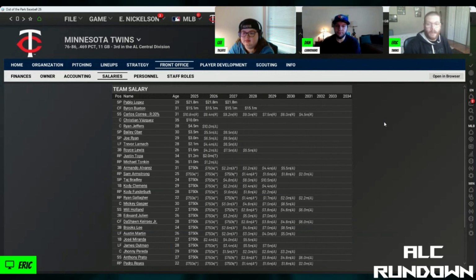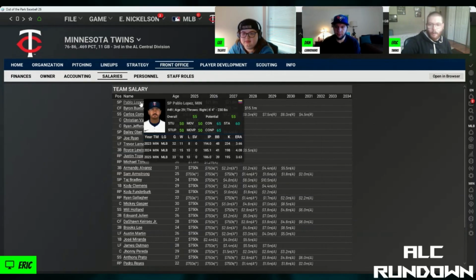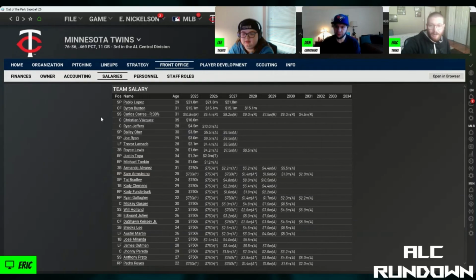Pablo Lopez. If you want to say there's an outlier contract on this team, it's Pablo. He's probably their best pitcher all around. You can take his overall OOTP rating: he's a 55 graded pitcher on the game, out of 80. So a pretty good all-star caliber starter. He has, honestly, probably a fair market value contract.